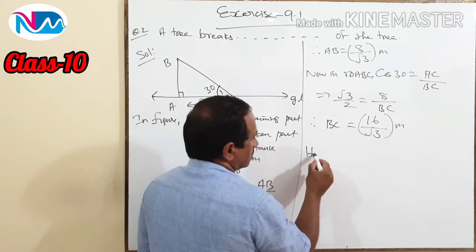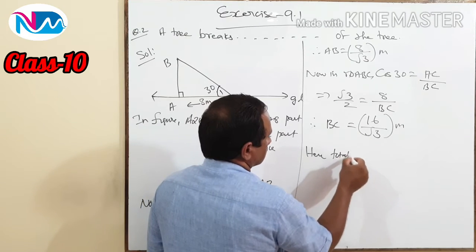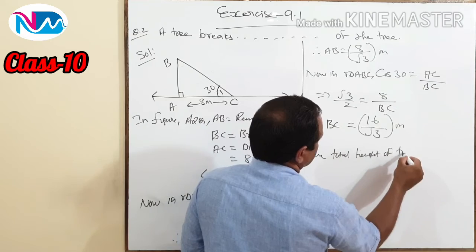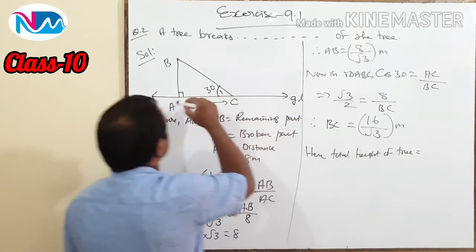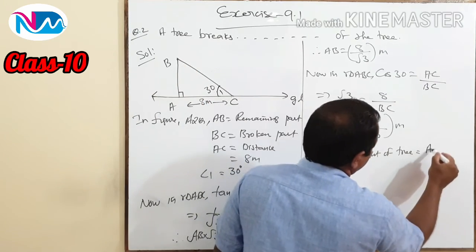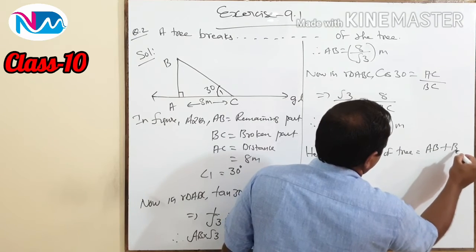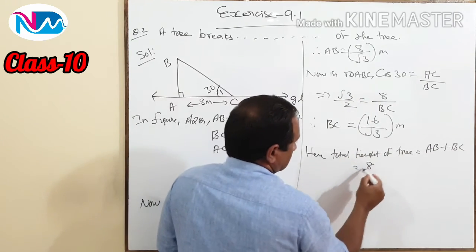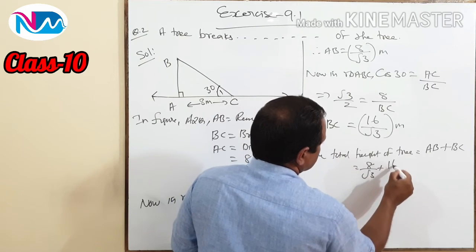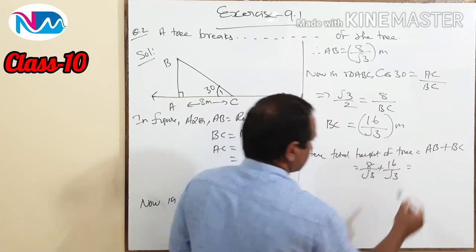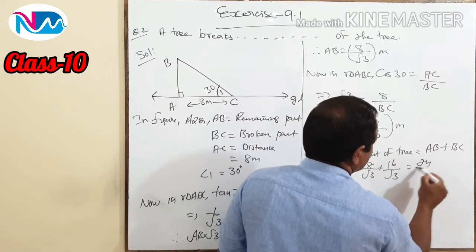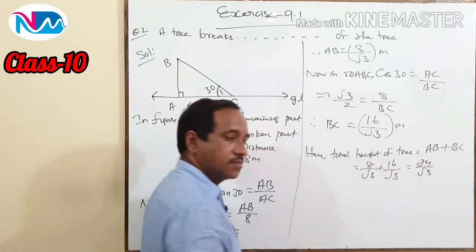So here total height of tree is equal to AB plus BC, which is 8 by root 3 plus 16 by root 3, having same denominators, 8 plus 16, 24 by root 3.